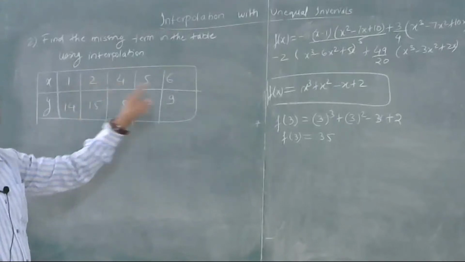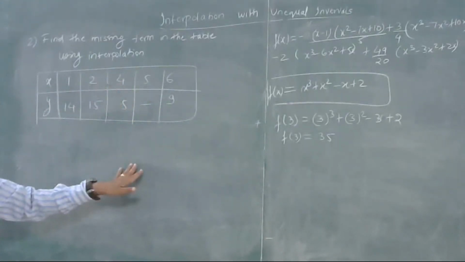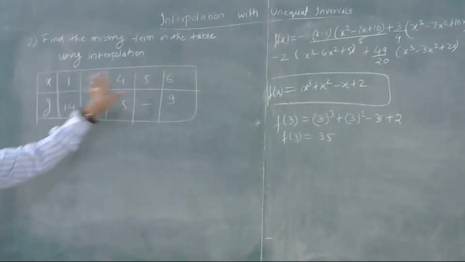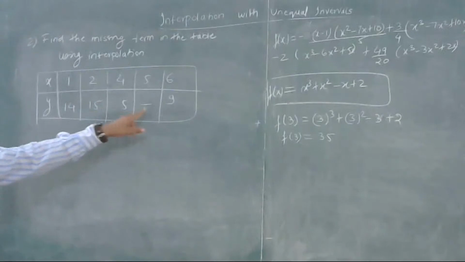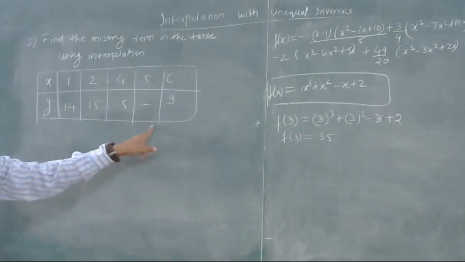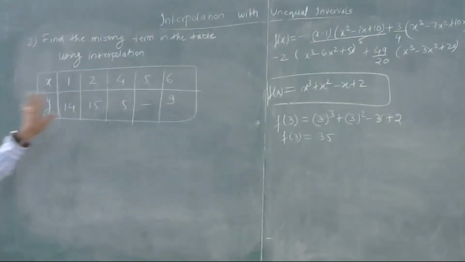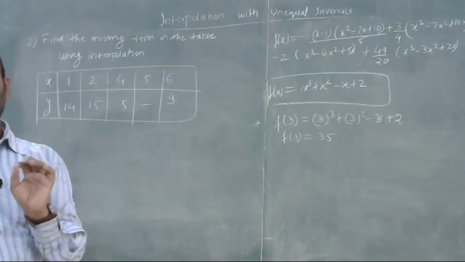Okay, so it is a case of interpolation with unequal interval. Okay, so x is not equally placed. Okay, so here you have to apply Lagrange's method in order to find the value of y when x is equal to 5.